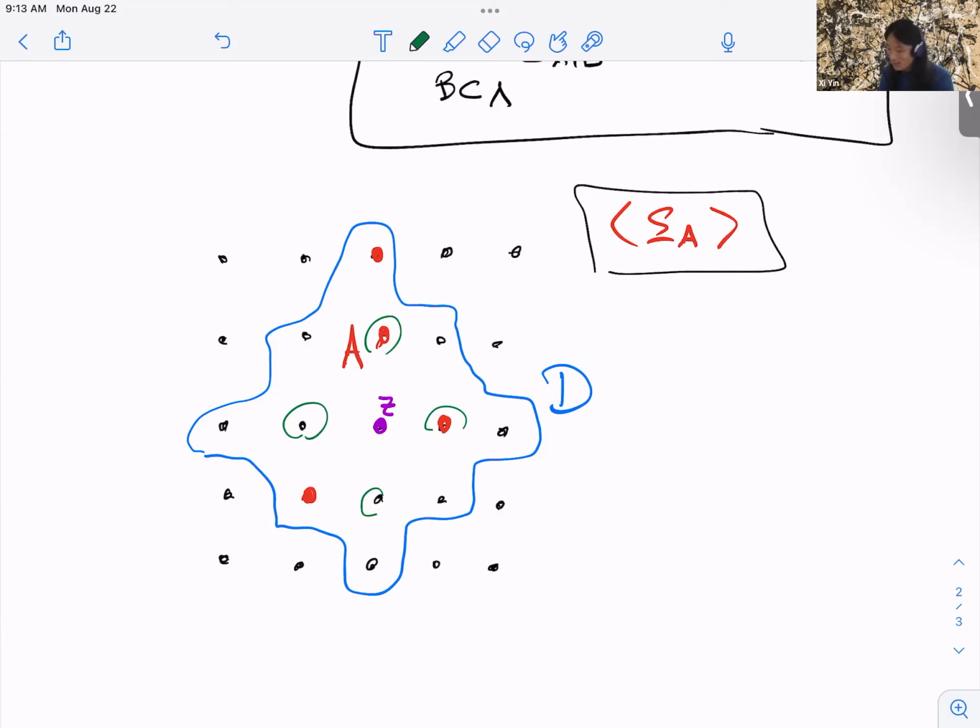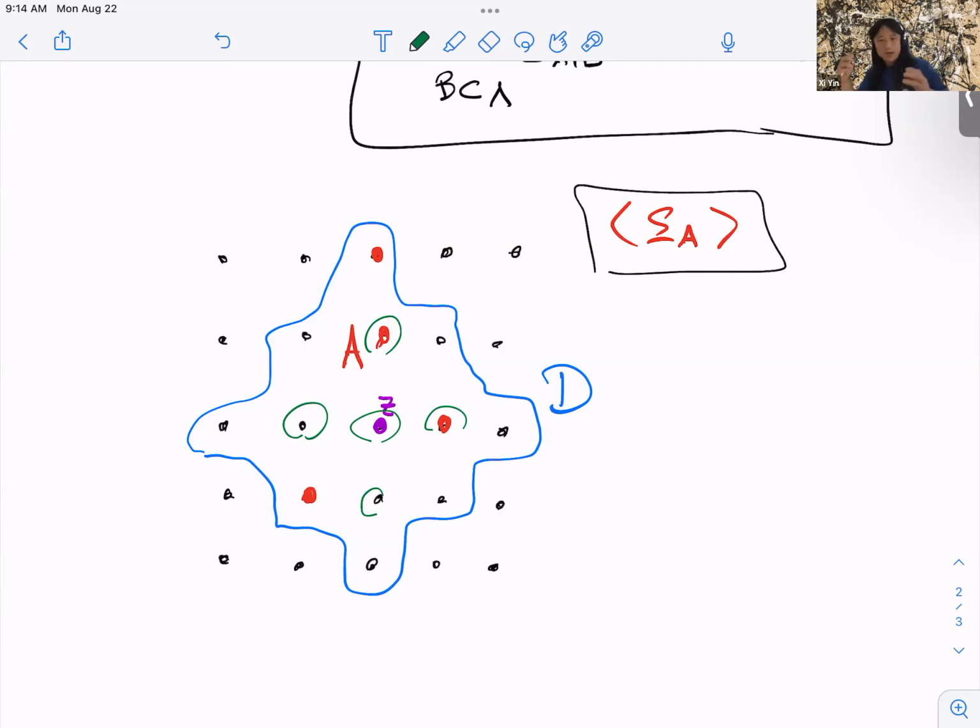Right. So as long as you take Z to be one of these green sites, then doing the spin flip, you'll get spin flip identities that involve correlators that still lie within the domain D. Okay, so this equation closes within a set of correlators within the domain D, and that's what we're going to be dealing with.